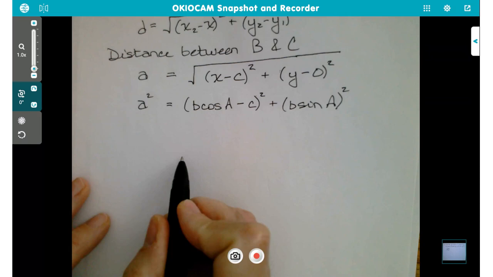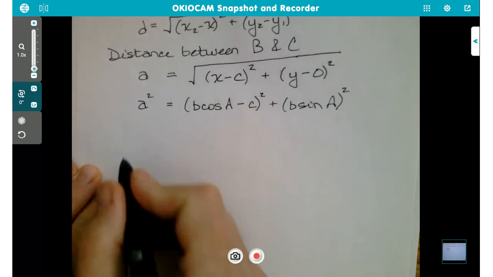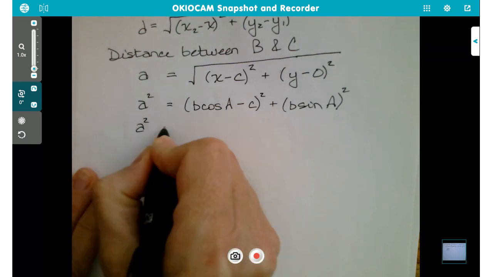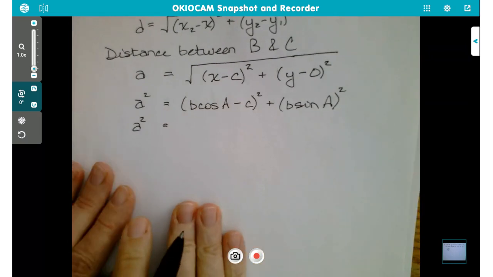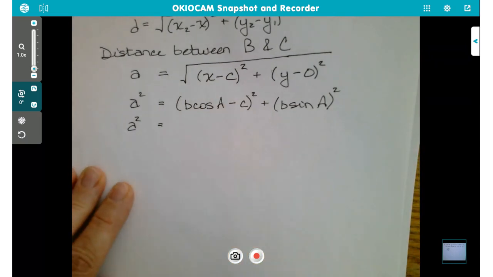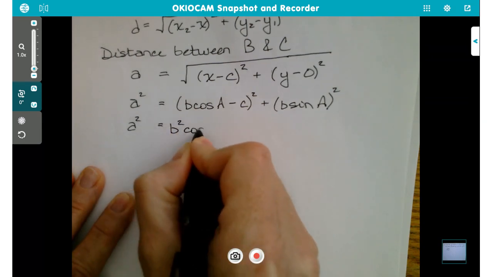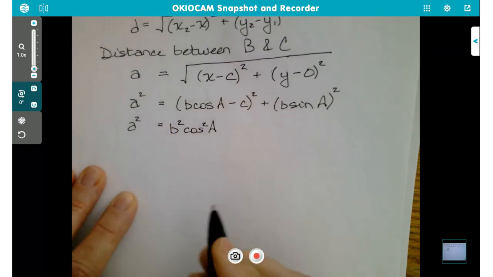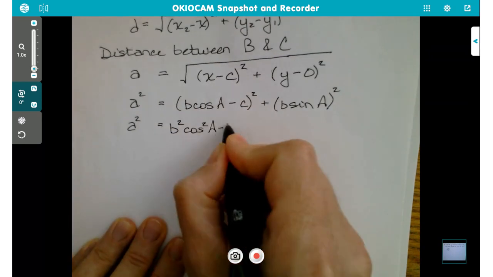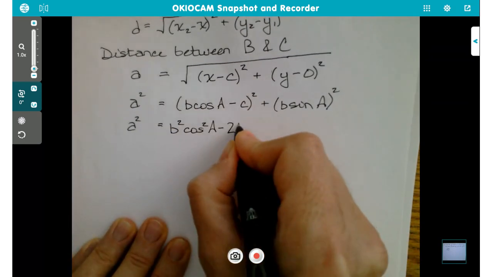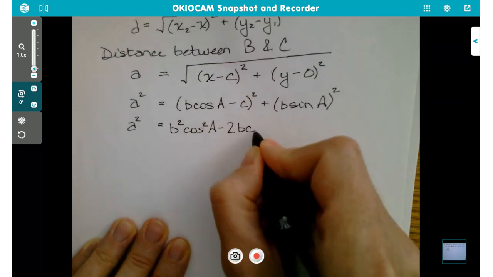Now we're going to do a little algebra. So I'm going to square this out. And I got a squared equals, let's see. So the first thing squared, the b is squared, the cosine is squared, and then minus 2 times the first times the second.